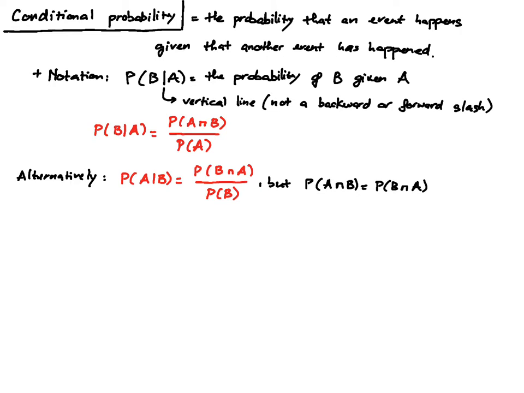And so this tells us that the probability of A given B is going to be equal to the probability of the intersection of A and B divided by P(B).